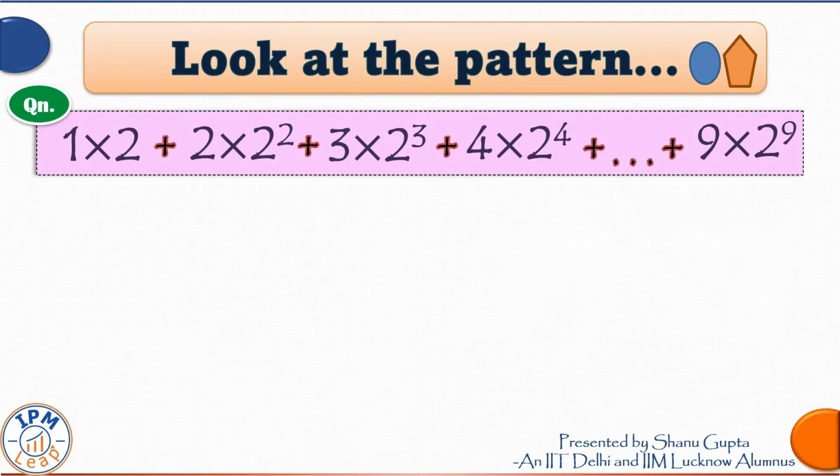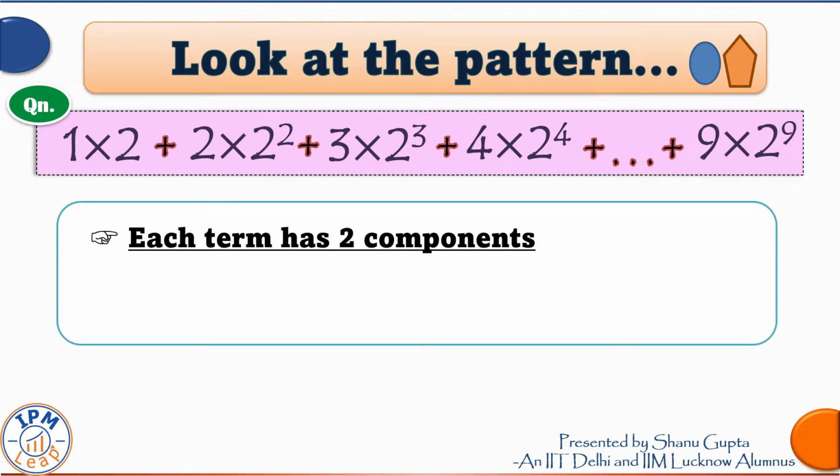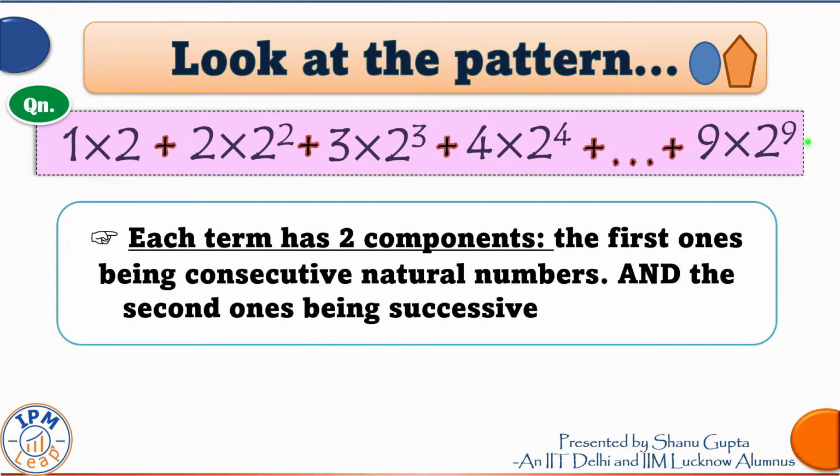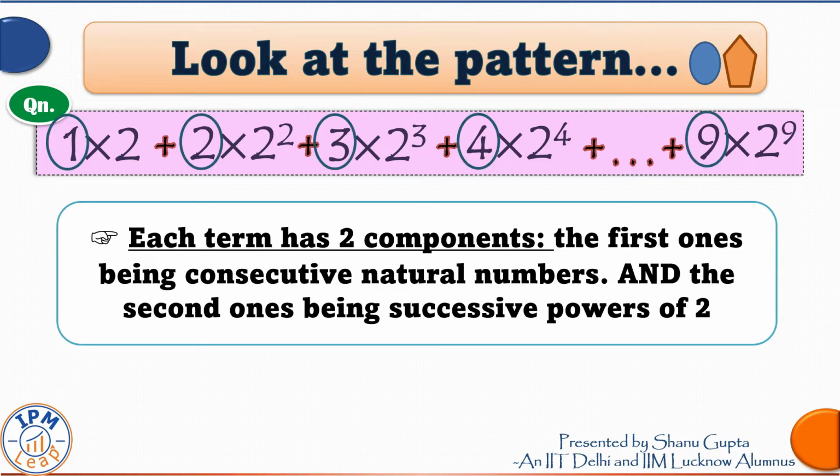To solve this question, we must look at the pattern closely. Each term, and this is one term, this is another, and so on. This one is last. So each term has two components. The first ones are numbers from 1 to 9. They are consecutive natural numbers.